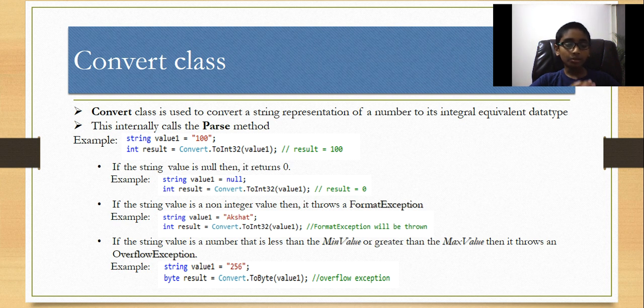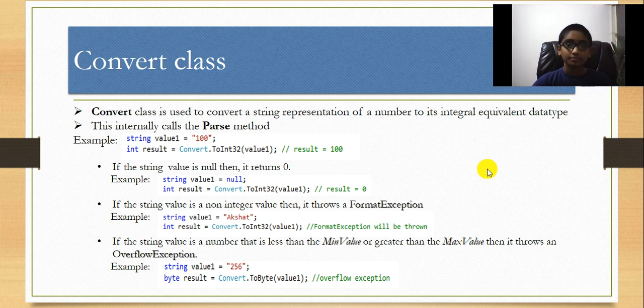Okay, so the only difference between the convert class and the parse method is that if the string value is null, the convert class returns 0, but the parse method throws an argument null exception.